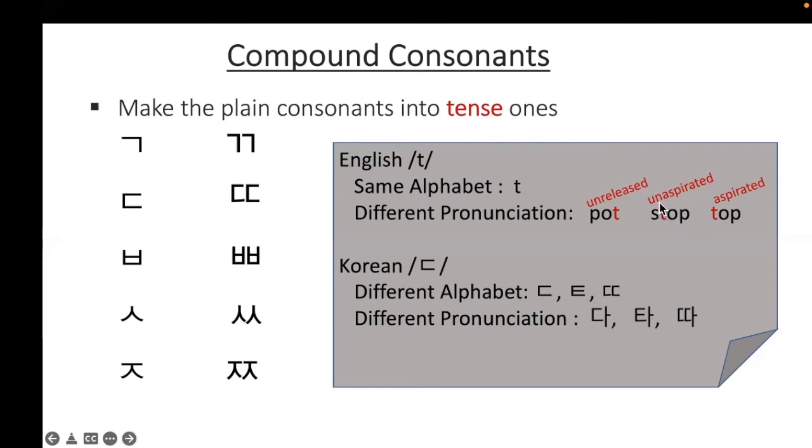In Korean, we have special characters, symbols for those unaspirated or tense ones. So in the case of the 그 sound, we have 그, and then 드, 드, 부, 부, 스, 스, 주, 주. So in English, you have only one alphabet letter, but you pronounce it differently.